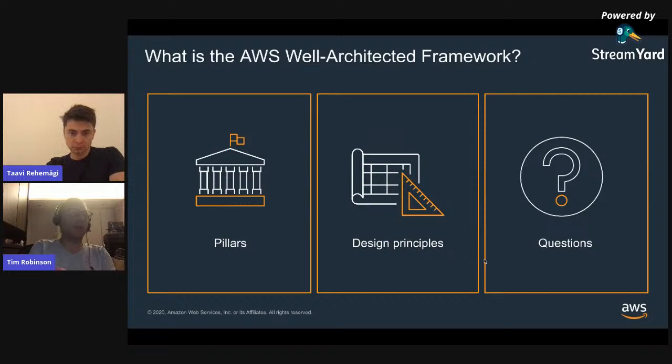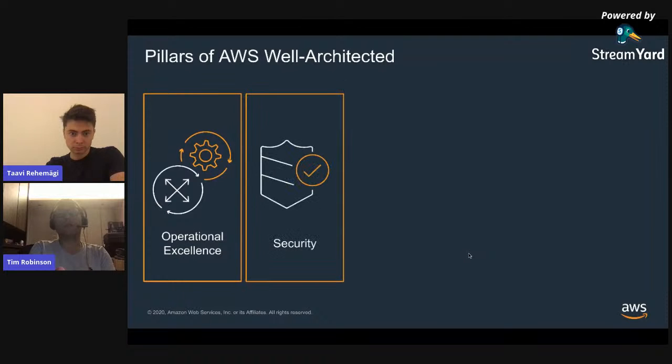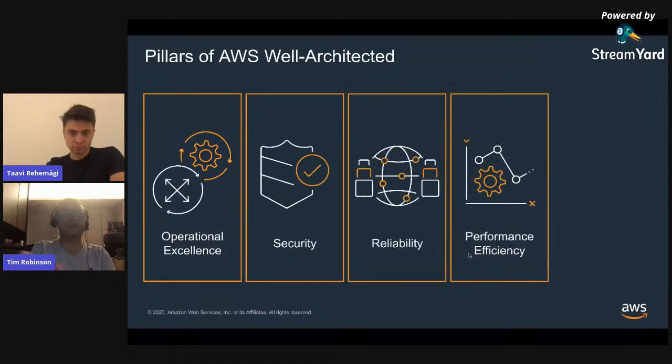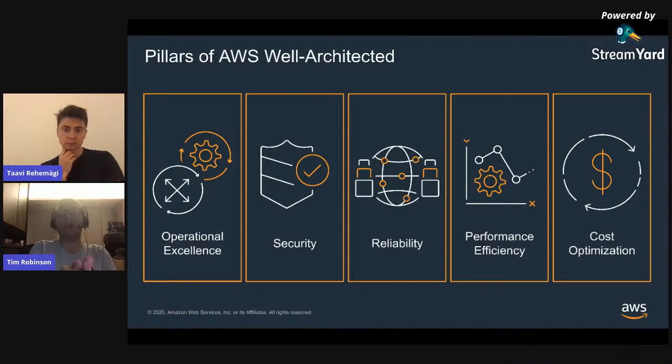So let's move on and talk about the individual pillars of Well-Architected. I touched on these at the start of the presentation, but operational excellence is our first pillar. So really the ability to understand how customers operate their workload.